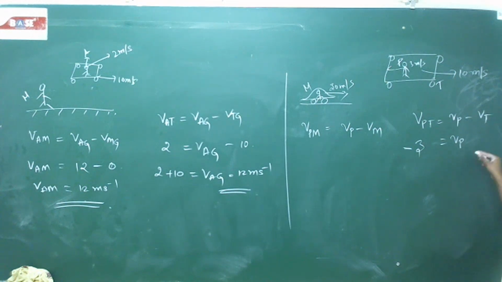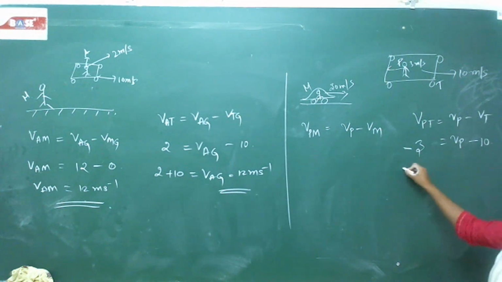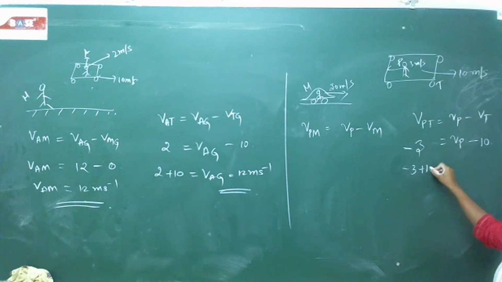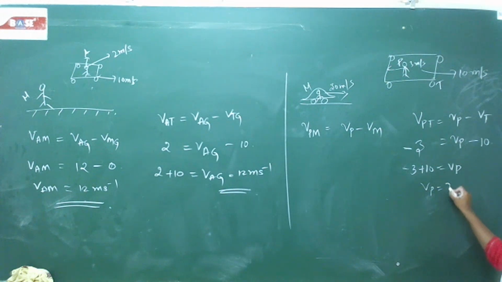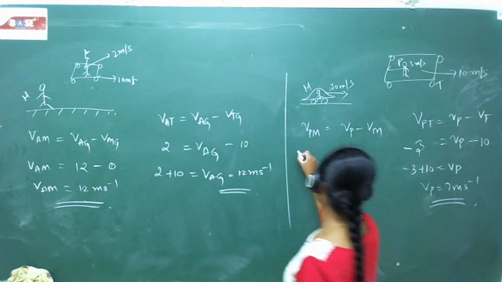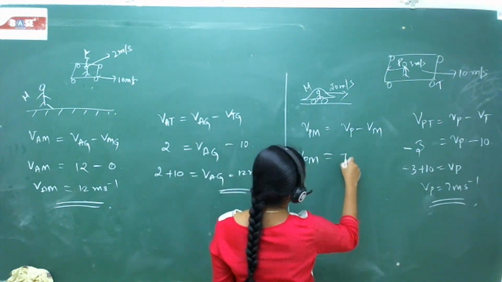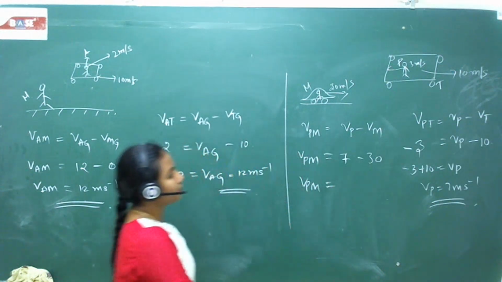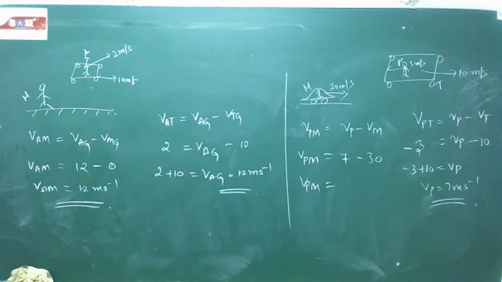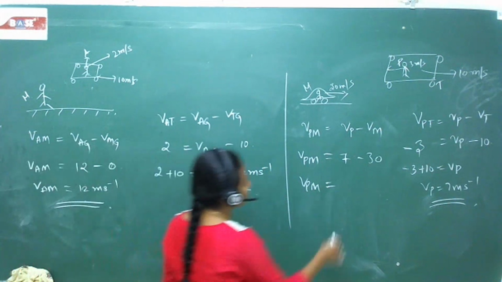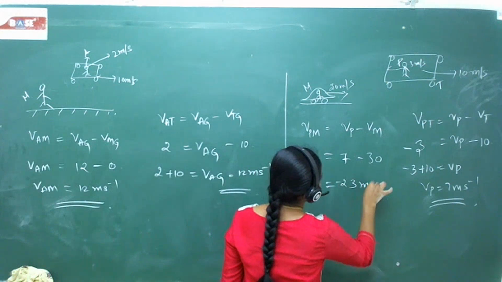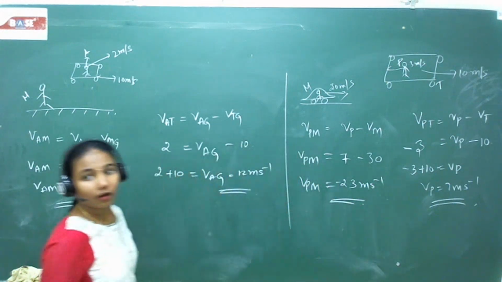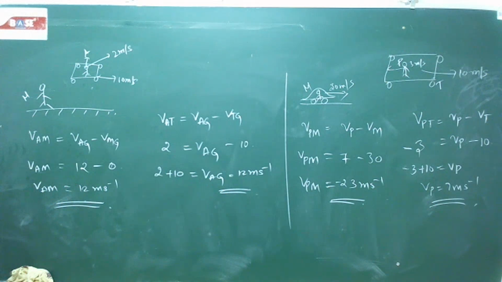And velocity of trolley is 10. So minus 3 plus 10 is VP. So VP is nothing but 7 meter per second. So I'll substitute here: VPM is 7 minus 30. So this is minus 23 meter per second.